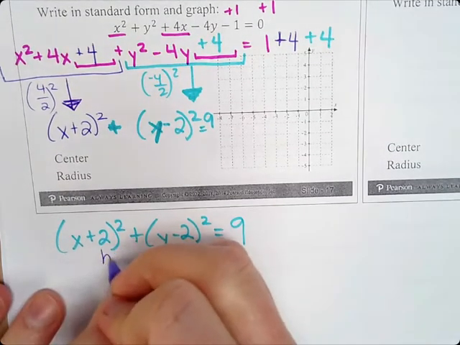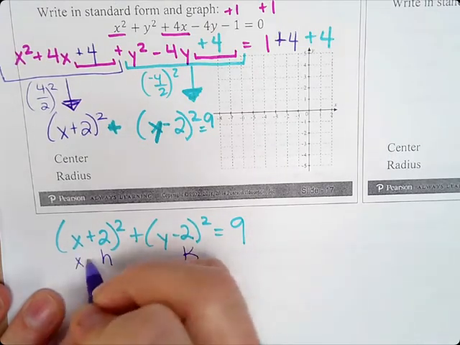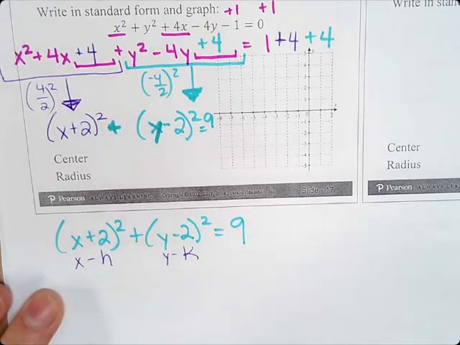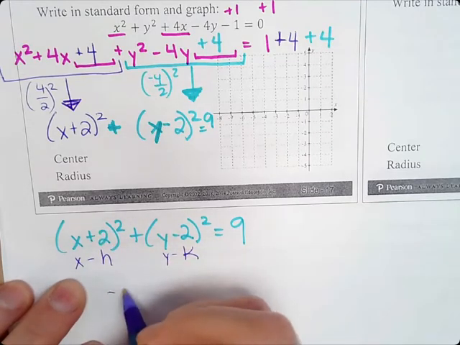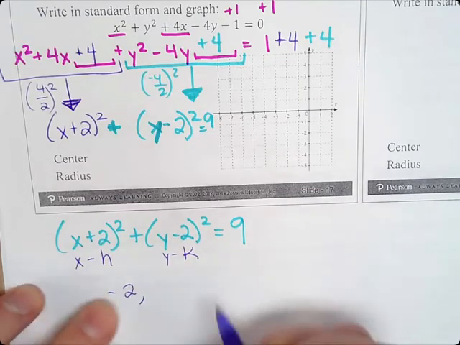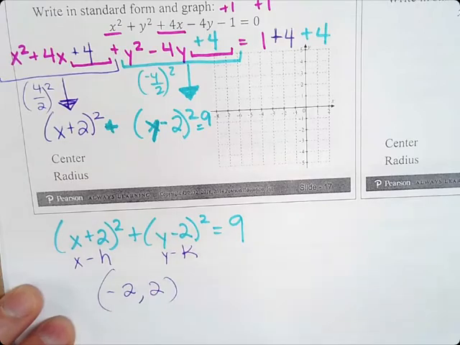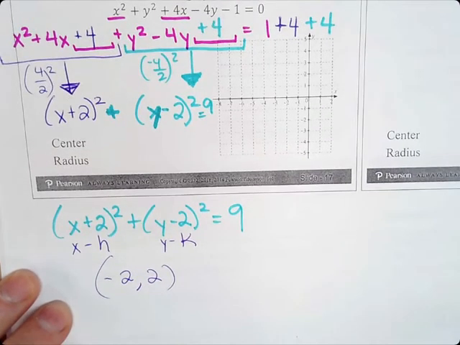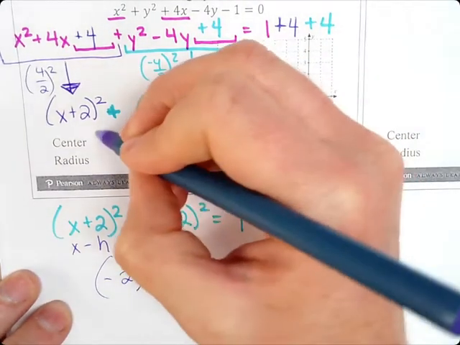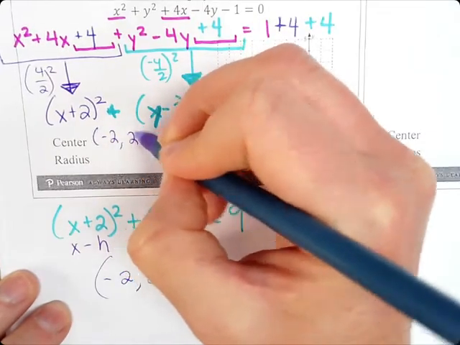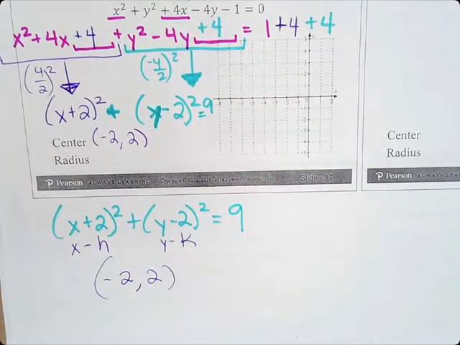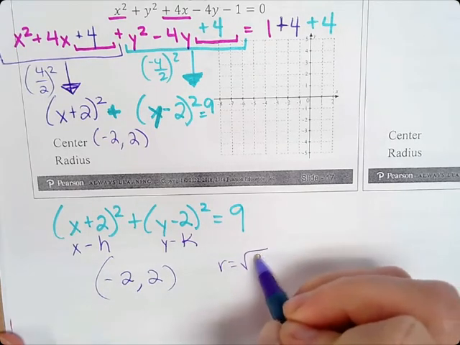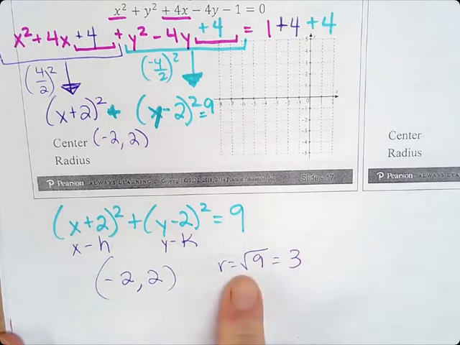So then we have h and k. So it's supposed to be x minus h, y minus k. So that means my center is negative 2, positive 2. So then what's our radius? Square root of 9, which is 3.